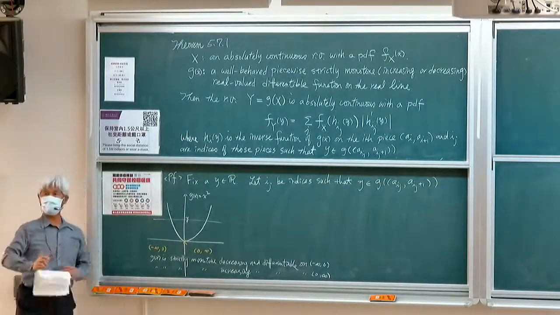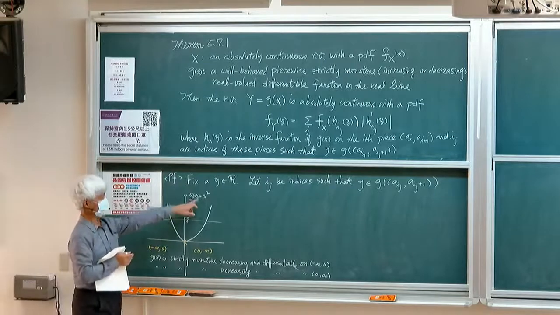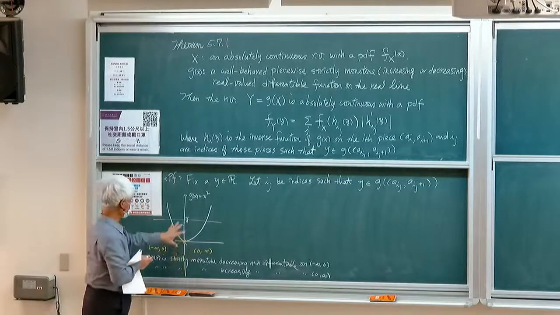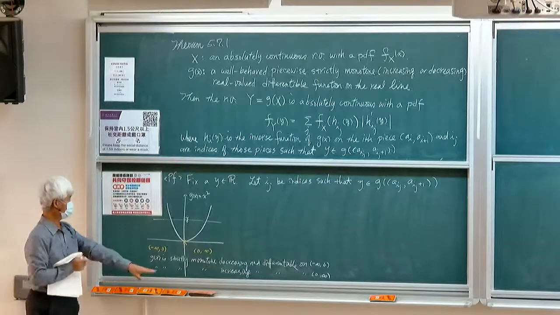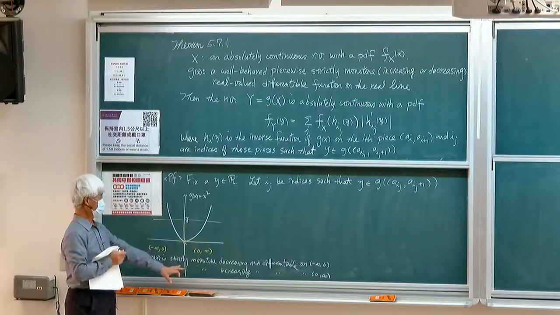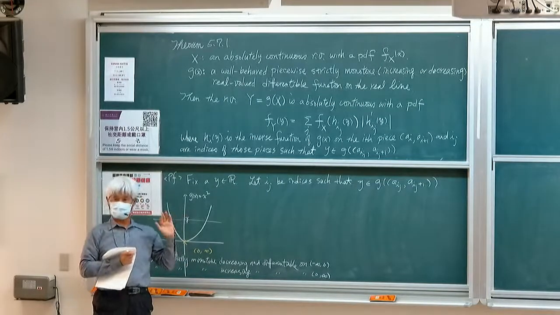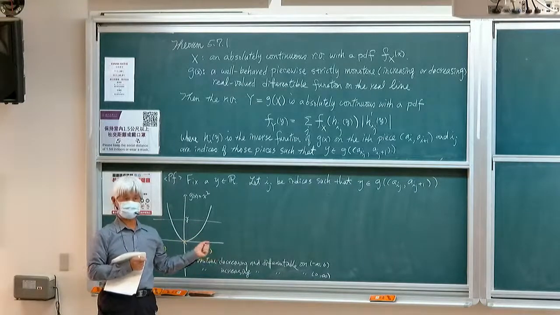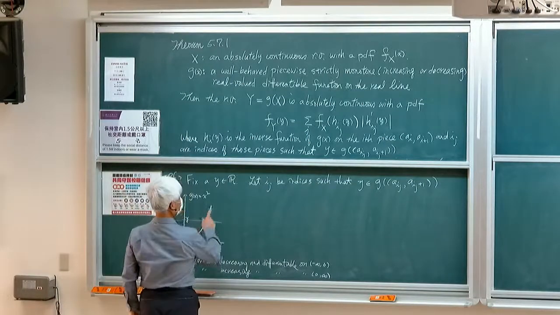So for this square function, you can regard that it has two pieces, and for each piece, it is strictly monotone, either increasing or decreasing, and differentiable. And for this y, there are two pieces, right?